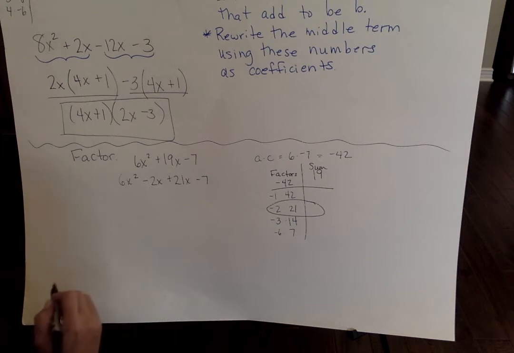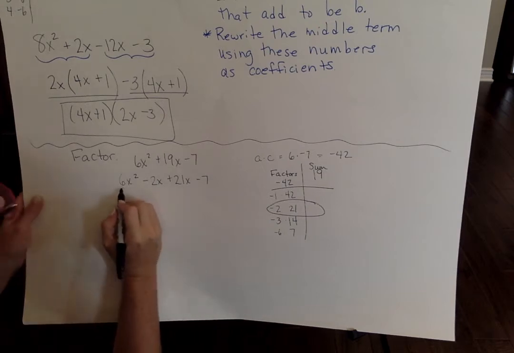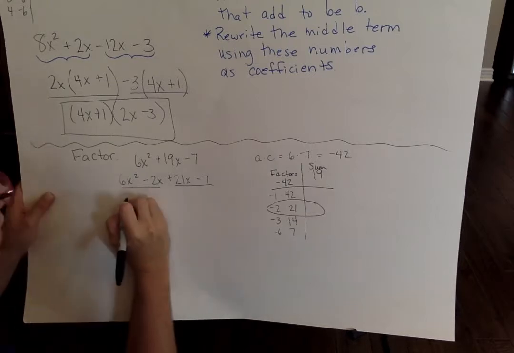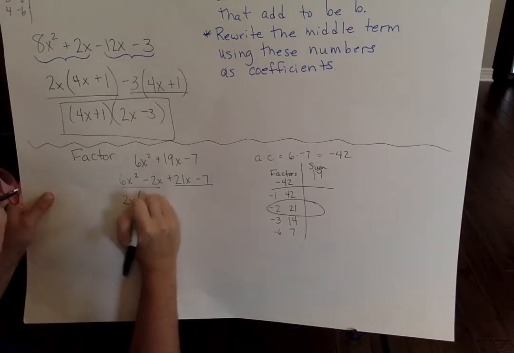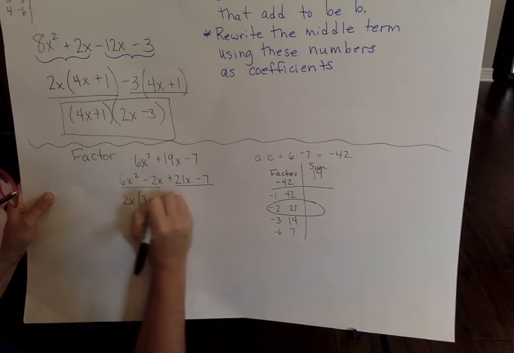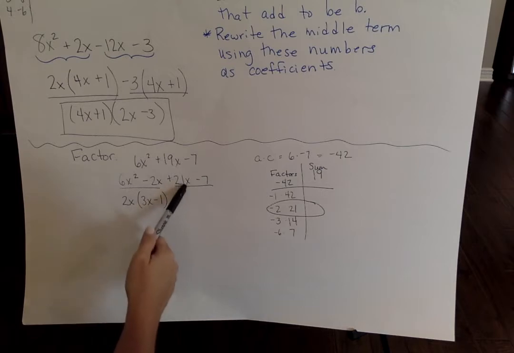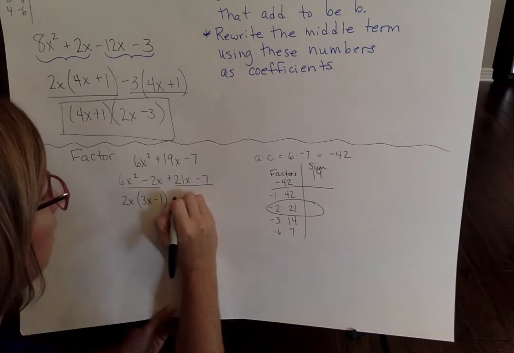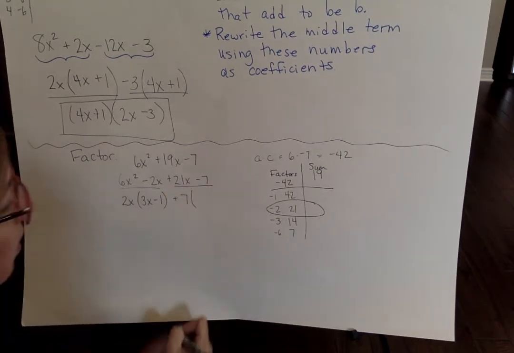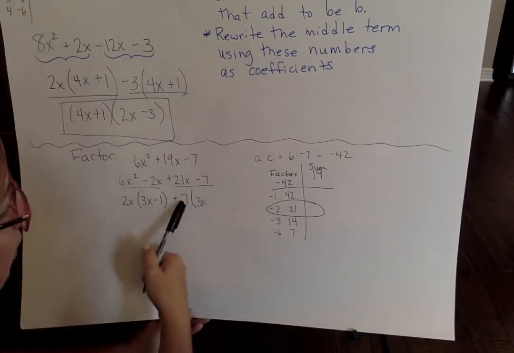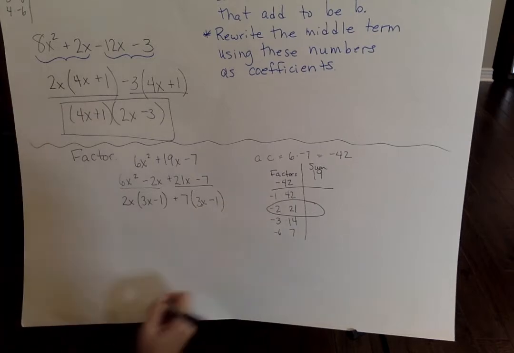So now we'll do some grouping here and here. 6x squared and 2x have a 2x in common. Again, be careful. This will have 3x minus 1. Right, 2x divided by 2x is 1. 21x and 7 have a 7 in common, and leaves me with 3x, and then negative 7 divided by 7 is negative 1.